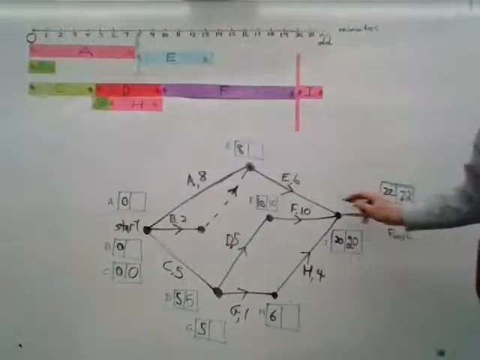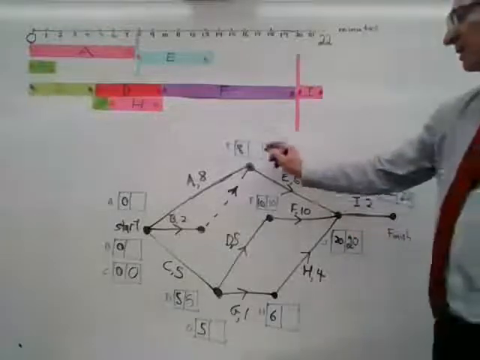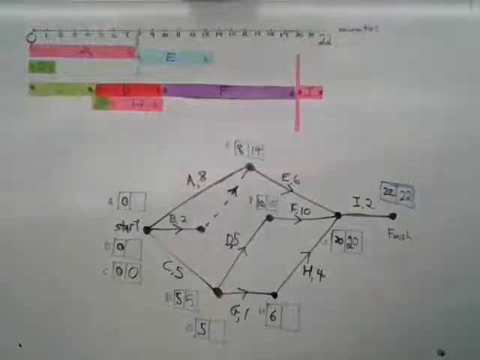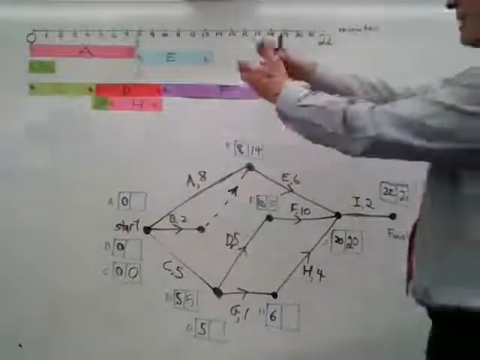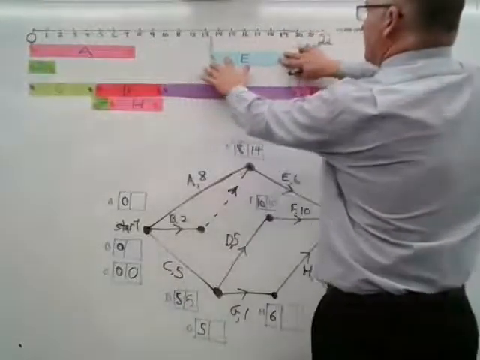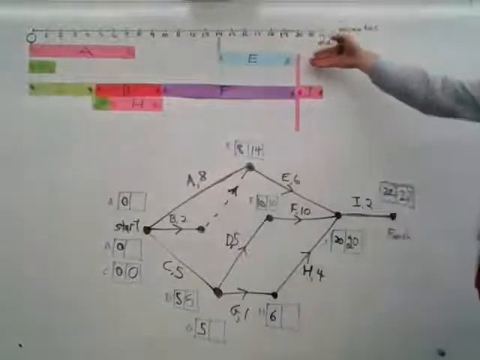If we go along this route here, 20 take off 6 is 14, which is saying the latest E can start is at 14, 20 minus 6. Up here you can see that E can start at 14 and still not delay the project.